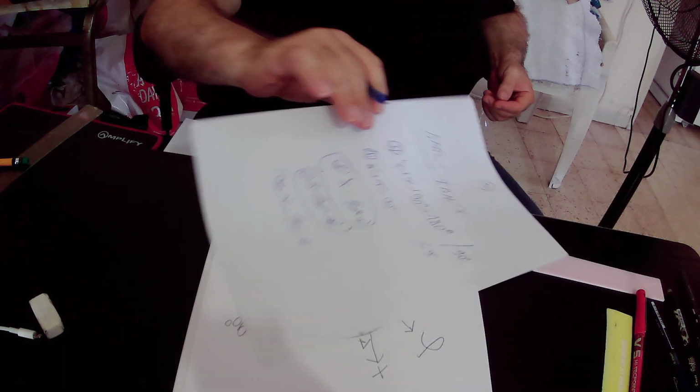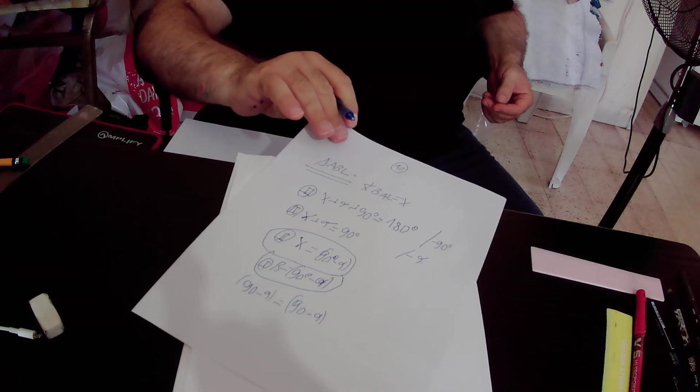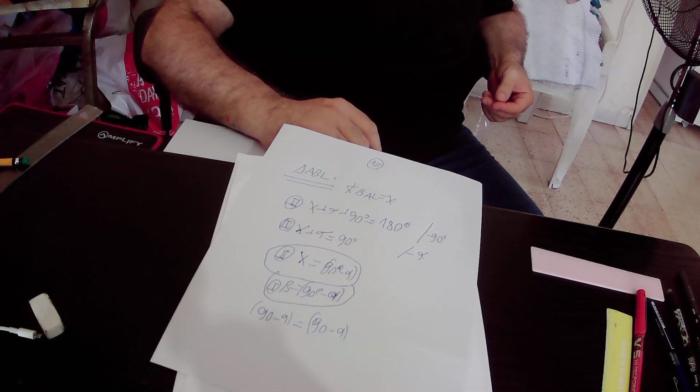So 90 degrees minus alpha equals 90 degrees minus alpha.